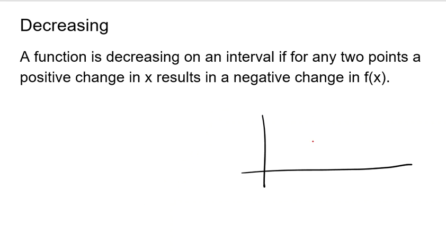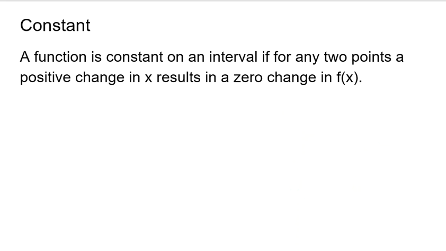Okay, so here's my function maybe, and we would say, okay, looking from A to B, as we move from an x value of A and it slowly gets bigger and bigger, the corresponding y values, that's the actual graph, are getting smaller and smaller. They're decreasing. Hence, as I move across the graph from A to B, every time x goes up, the y value correspondingly goes down. That's obviously negative or decreasing.